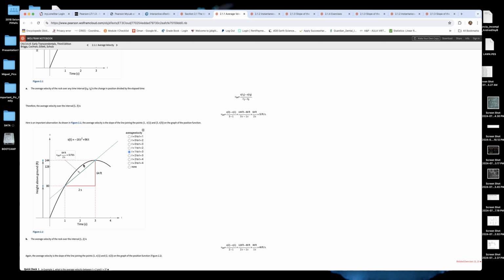If your reference time is this one, now you have another secant line. I haven't drawn that one yet, but you can see that the secant line has a slope that is a little bit higher. So what you expect is a higher average velocity.